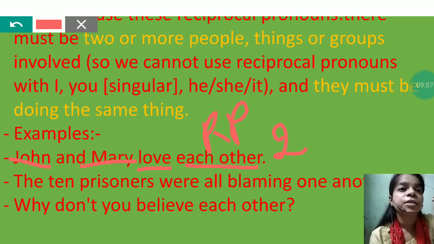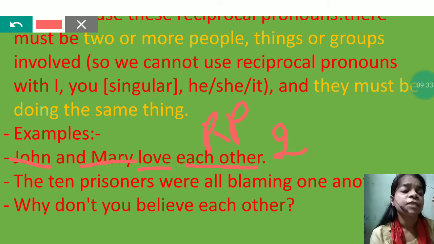The 10 prisoners were all blaming one another. Again, 10 prisoners, more than one, and they are doing the same thing. The first prisoner is blaming the second, the second is blaming the third, the third is blaming the fourth, meaning all the 10 are performing the same work. That's why one another. Why don't you believe each other?